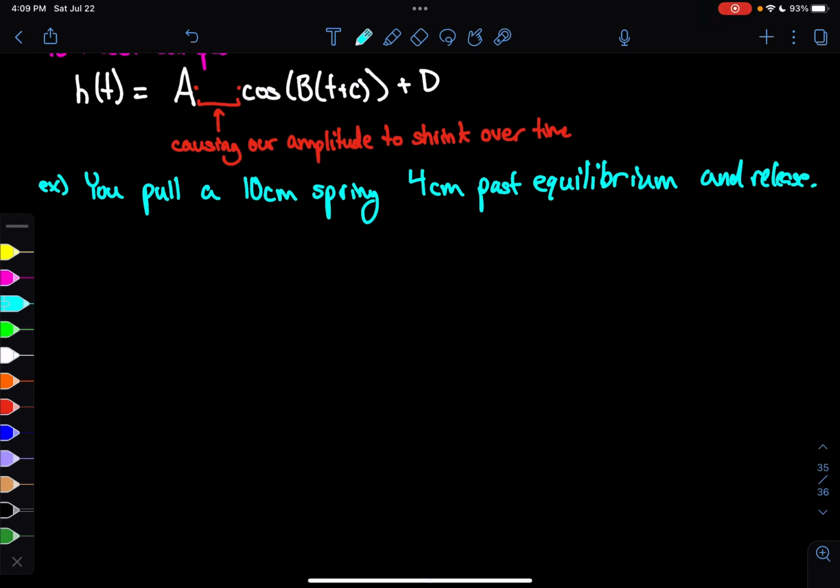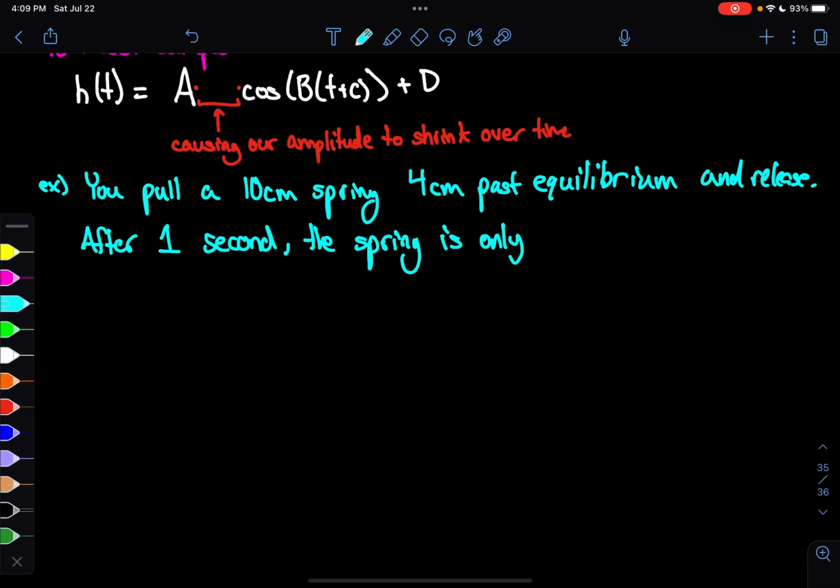After 1 second, the spring is only stretching out 3 centimeters past equilibrium.